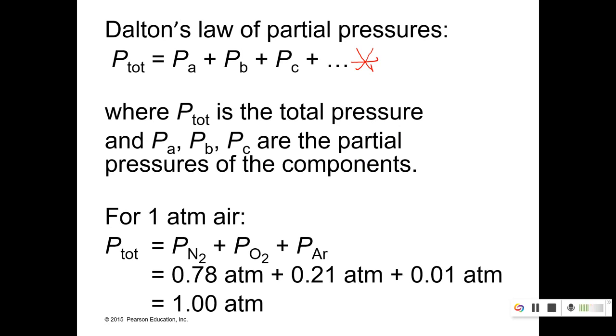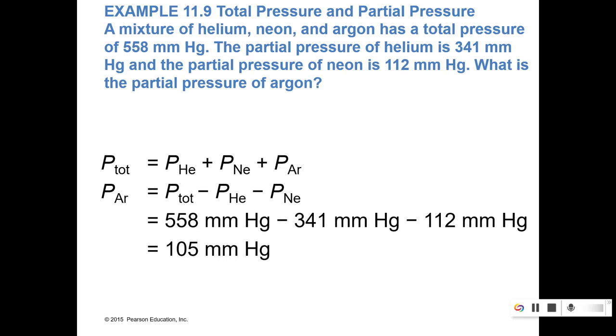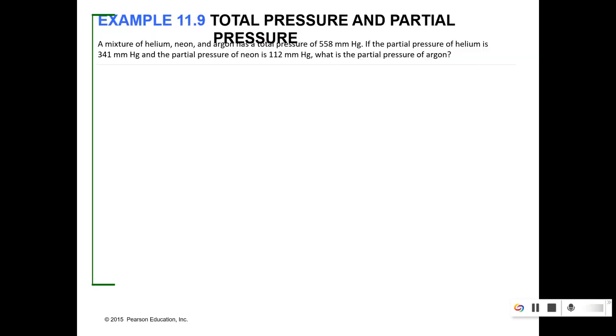Okay, and all you do in Dalton's law is you add them up, and then they need to equal the total. So here, they gave us a total. Partial pressure is this, and neon is this. We add those and subtract them from the total to get the partial pressure of argon.